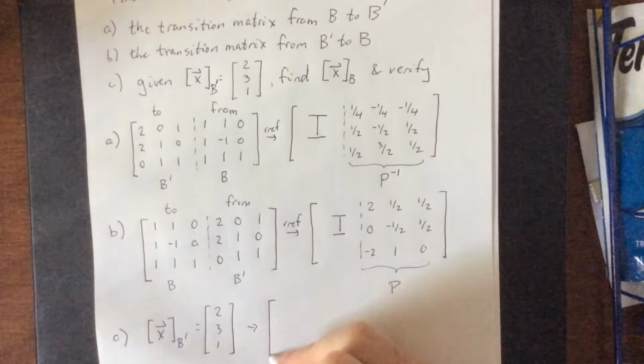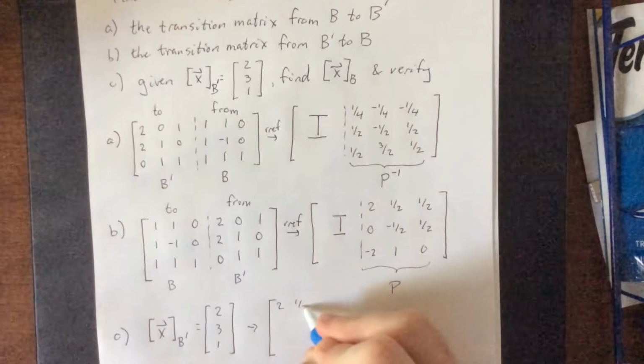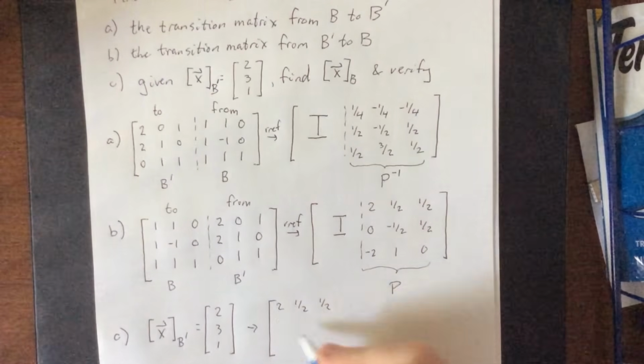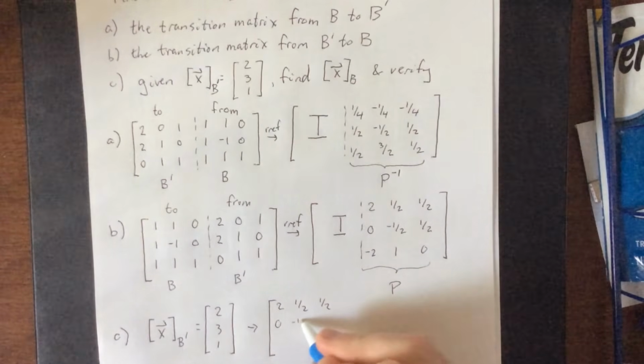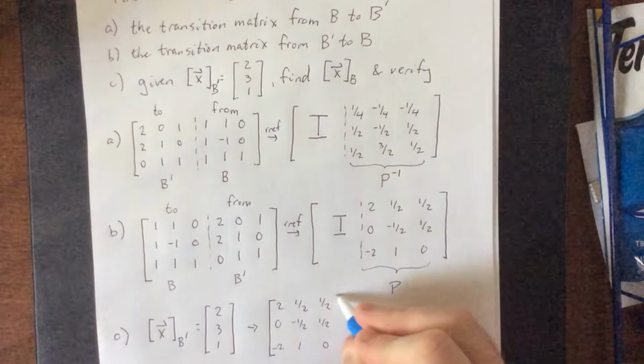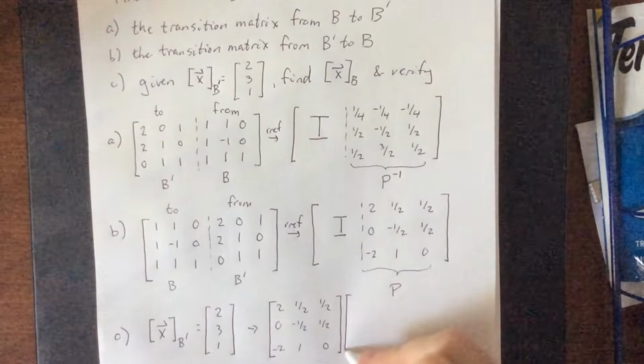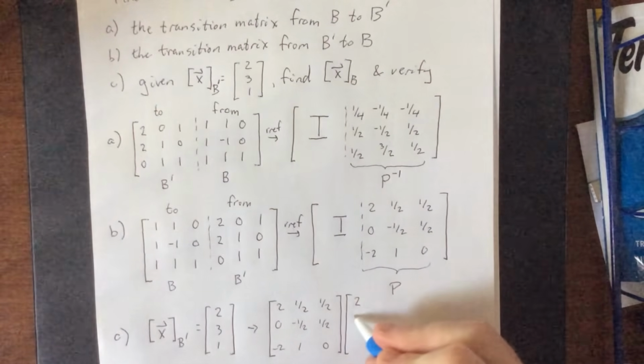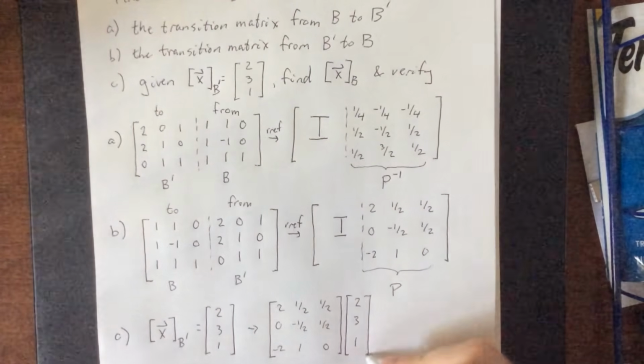So we'll take our matrix P, which is 2, 1 half, 1 half, 0, negative 1 half, 1 half, negative 2, 1, 0. We are going to multiply that by 2, 3, 1.